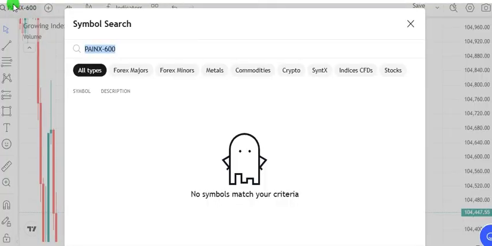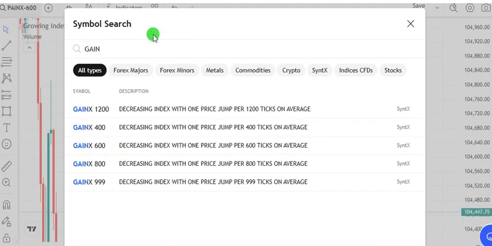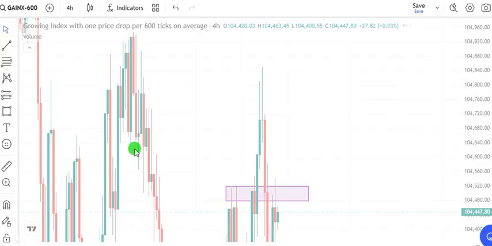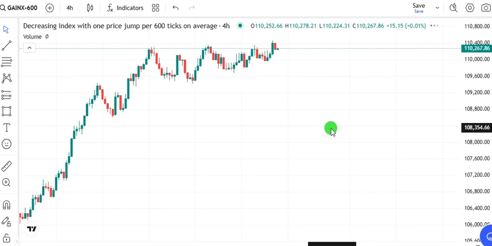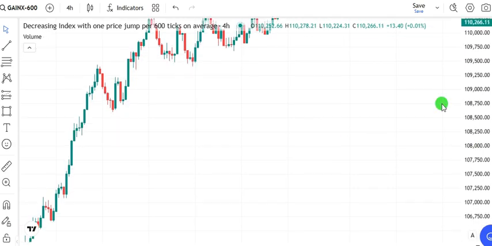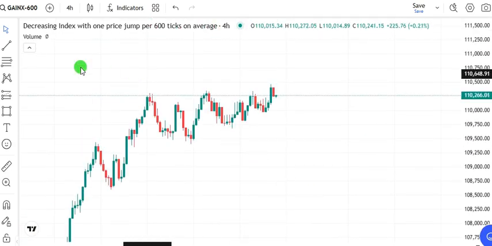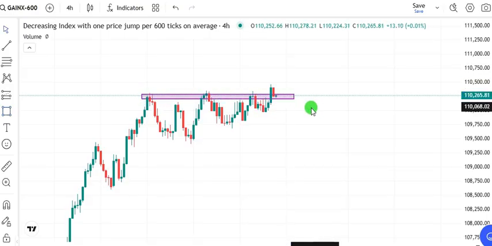The next one after Pain is Gain, and that should be Gain 600. Gain 600 is still giving us bullish momentum. You can see it has been in this zone for some weeks now.